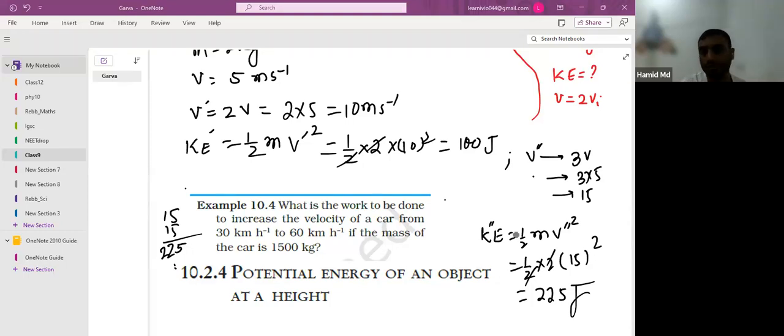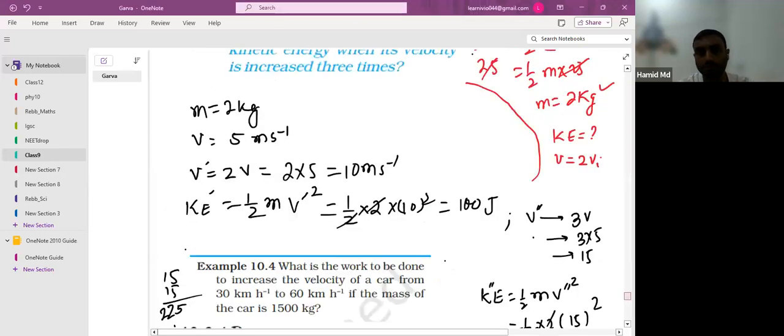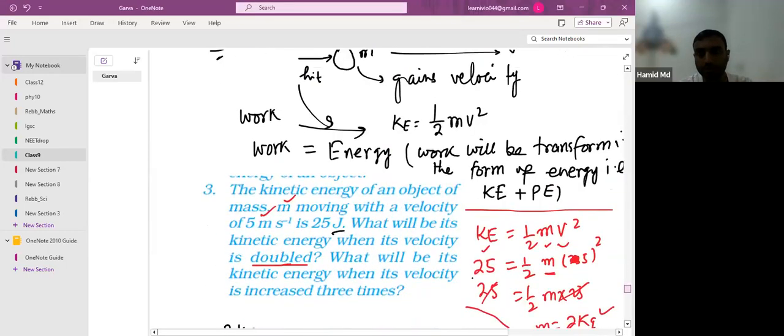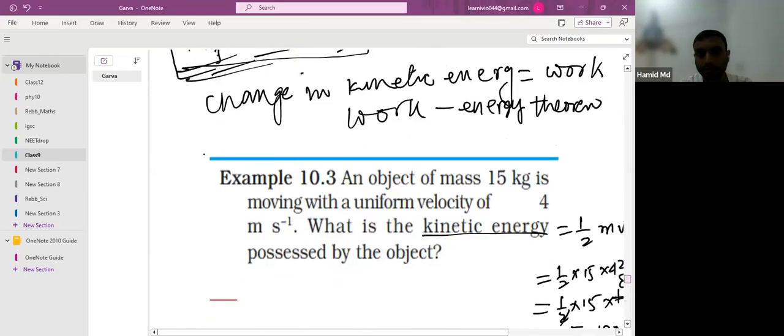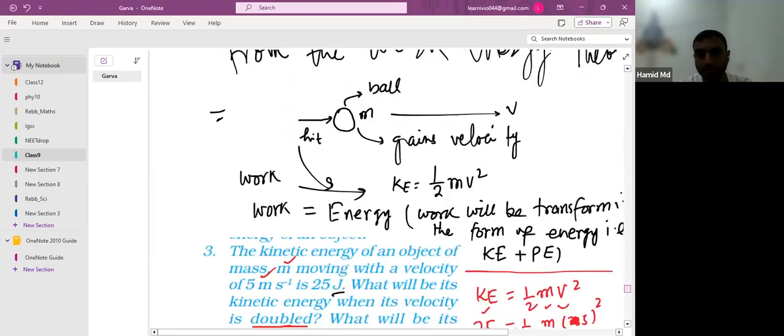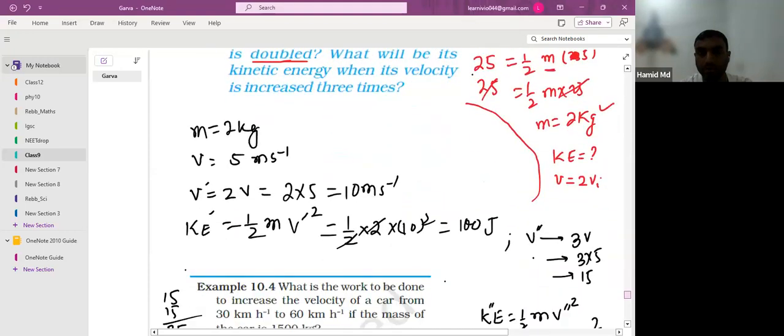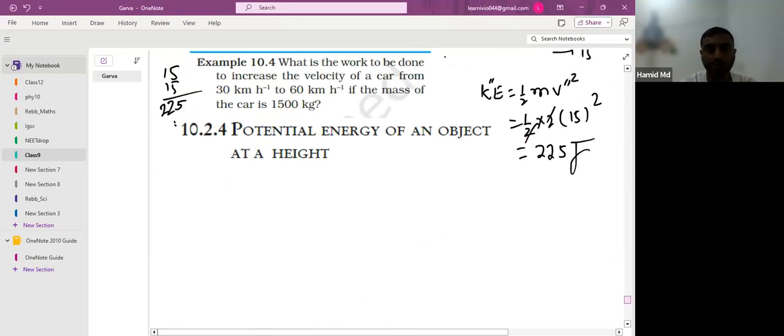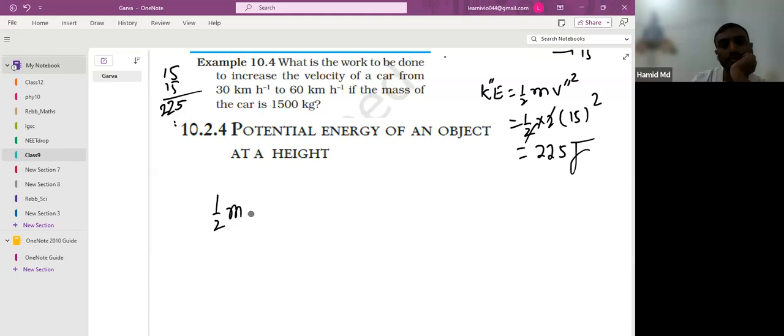See 10.4, how we will solve. As we showed the relation over here, we have to write half of m v square minus half of m u square, and this will be equal to work done.